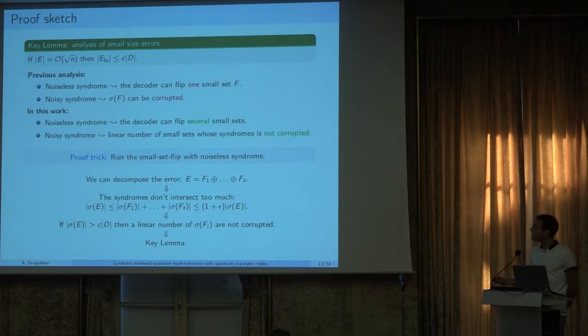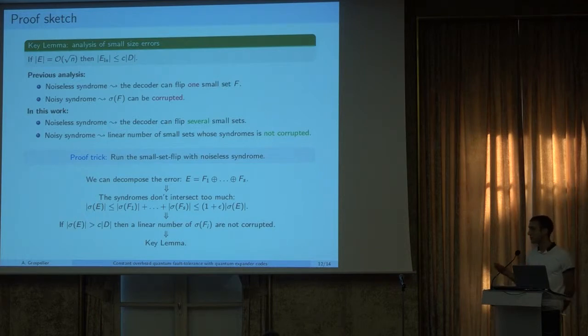The steps to prove this lemma are the following. First, we use the noiseless case to decompose the error E as a sum of small sets. Then, using expansion arguments, we show that we have this relation. In words, this means that the size of this syndrome is roughly equal to the sum of the small set syndrome sizes.